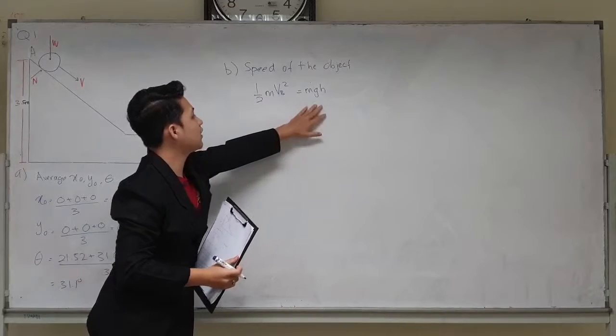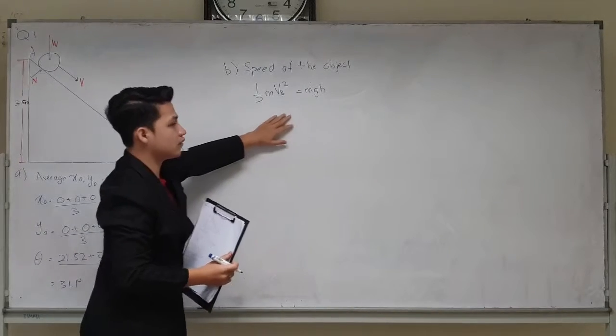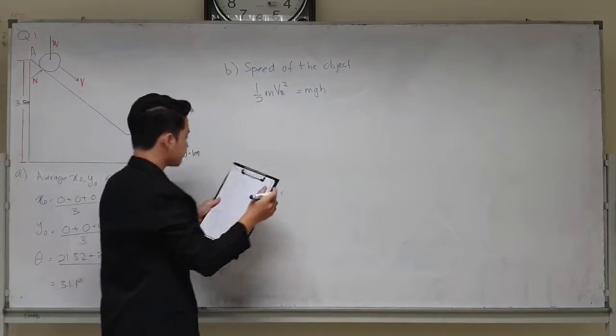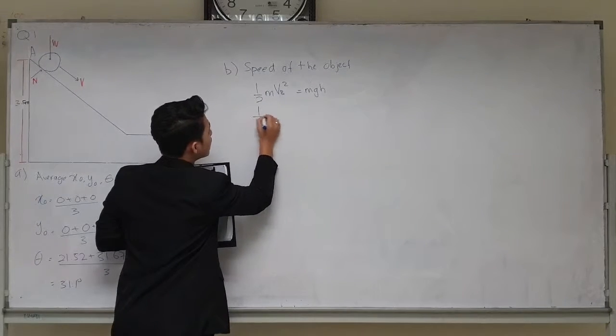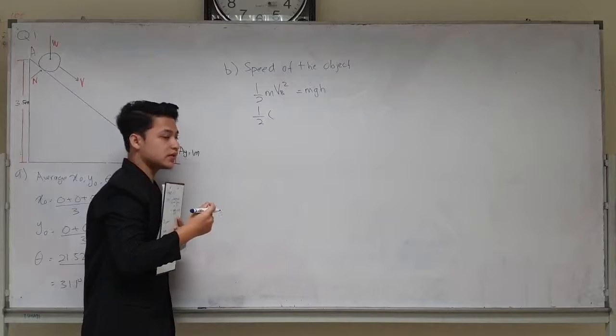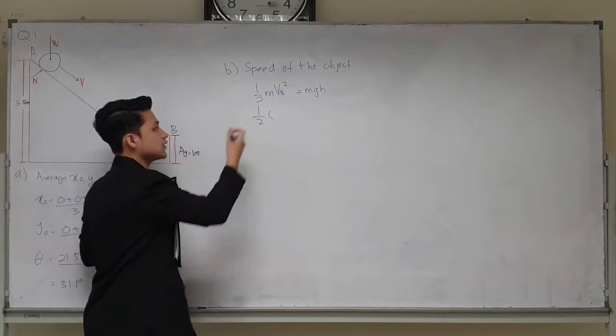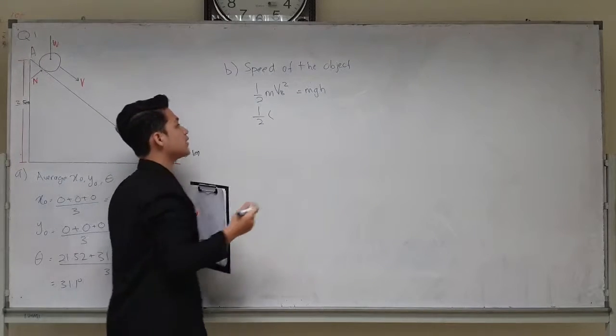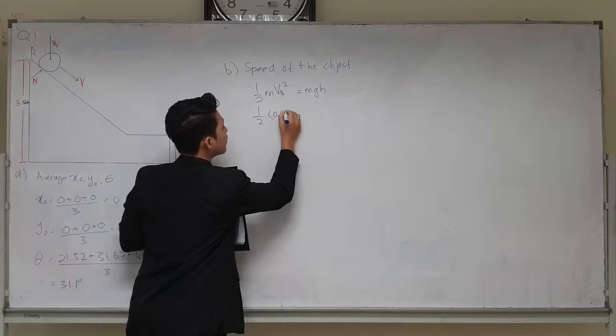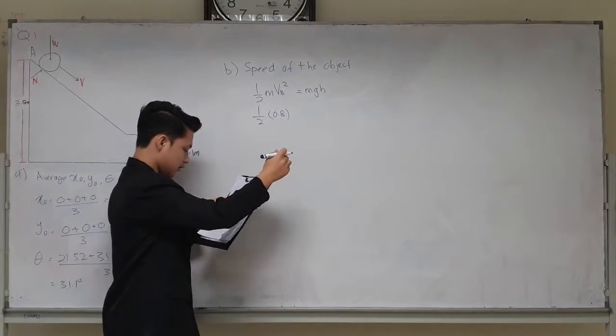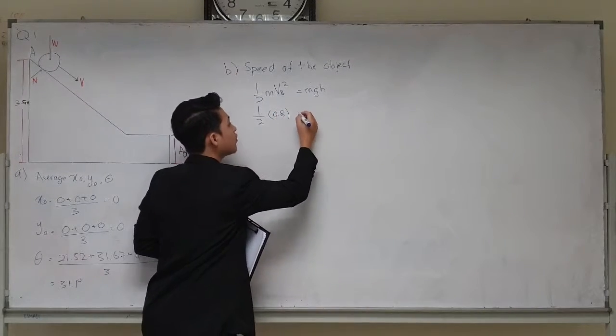We already have the data and can substitute it into the formula. As our ball is 0.8 kg, we simply substitute its mass. The v is what we want to find.